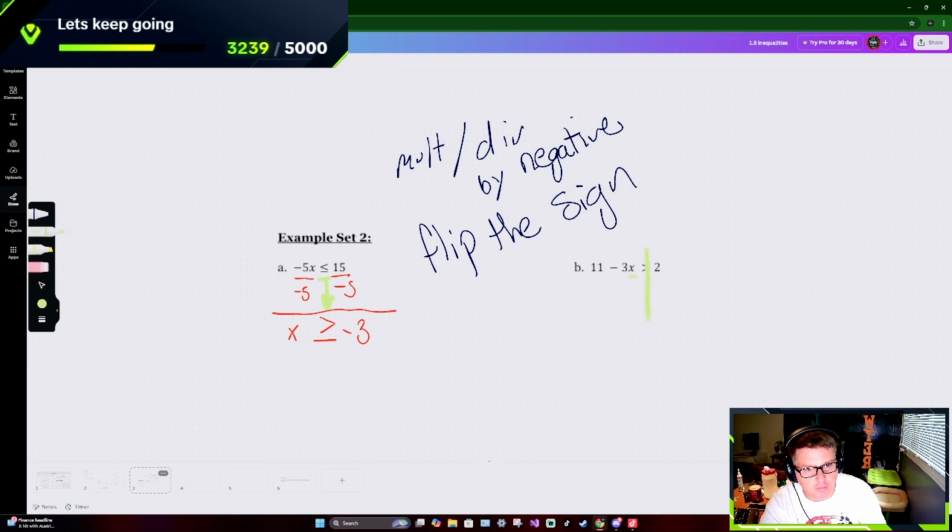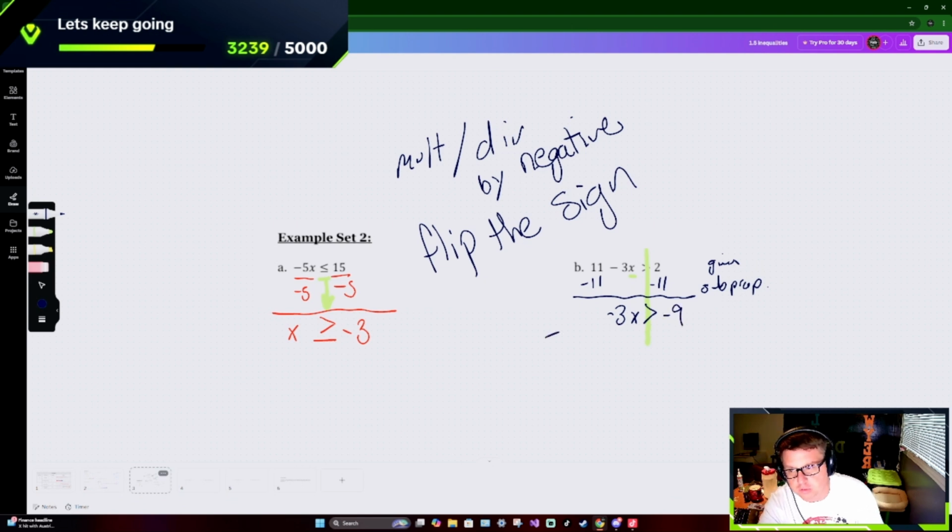Okay, so let's look at this one. Here's your variable. Draw a line down the middle of the equal sign. First thing we're going to do is subtract 11 from both sides. So this was given. Then we're doing the subtraction property of equality. This is going to give us negative 3x is still greater than, and then this is going to be negative 9.